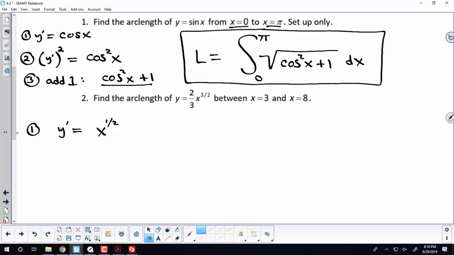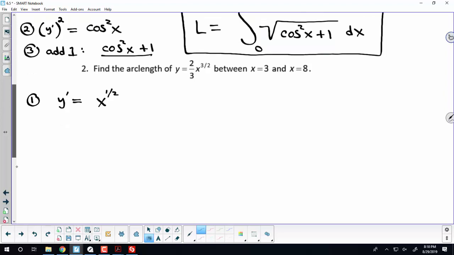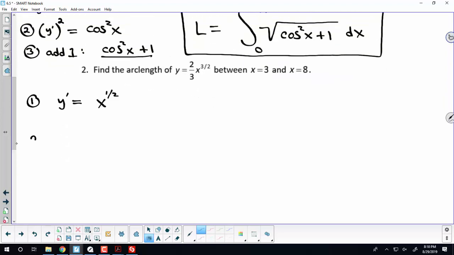So if y prime is x to the 1/2, we're going to take y prime and then square that, which gives us x. Then we're going to add 1, which is x plus 1, and that's what's going under the radical.